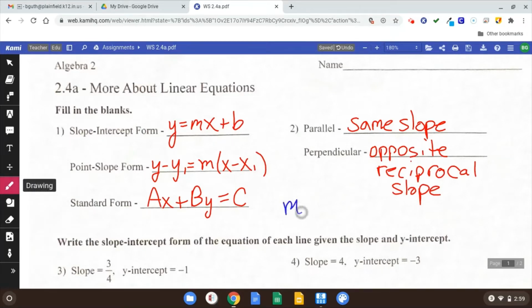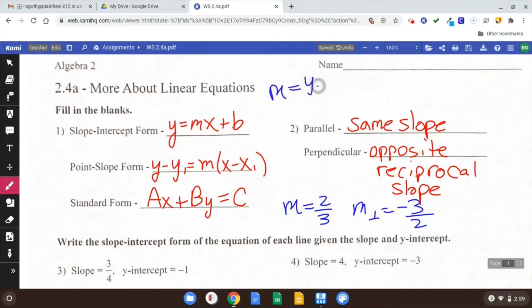If there's a slope of 2/3, then a perpendicular line would have a slope of the opposite reciprocal. So you change the sign and you flip the fraction. Now also, don't forget, we already knew from one of the earlier lessons the slope equation, y2 minus y1 over x2 minus x1. So this is kind of all background information that you need to know.